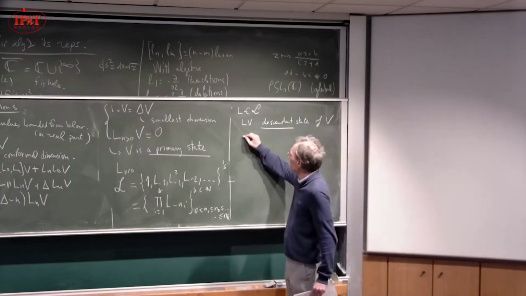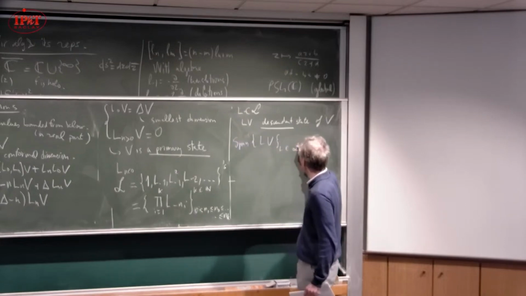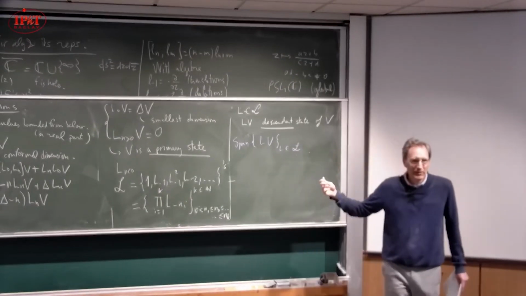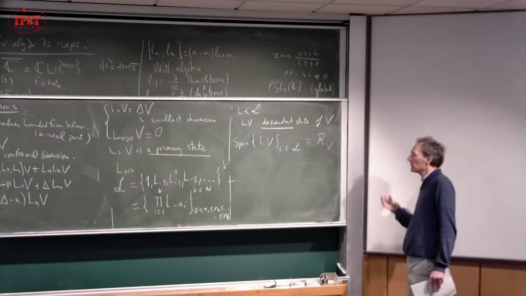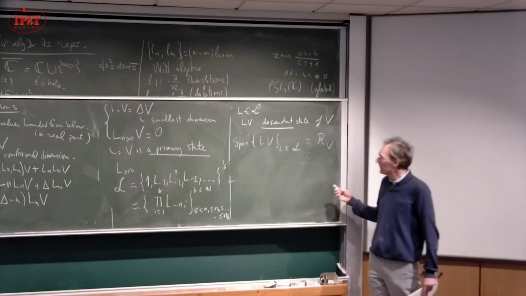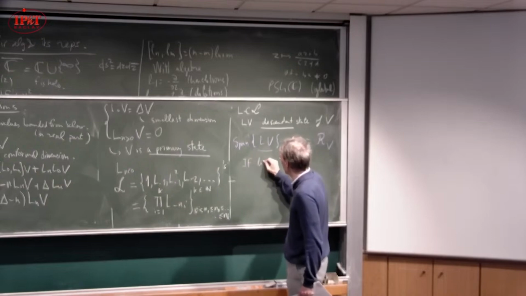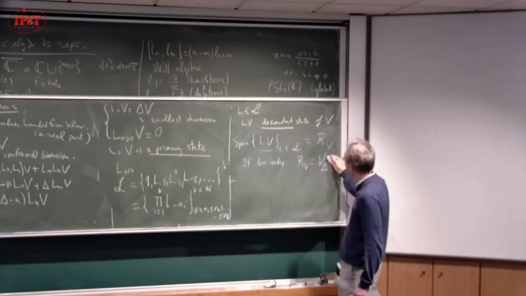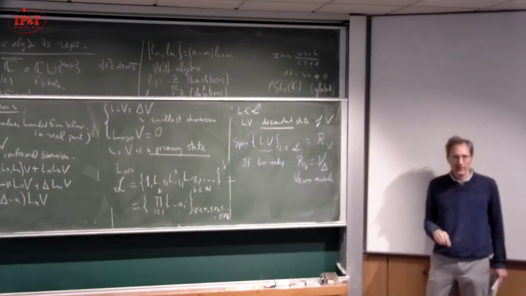Okay, so if we start from a primary state V and we consider the span of all these LVs, all the descendant states, for L belonging to our basis, then this is by definition some representation of the Virasoro algebra, which I can write R_V. Now we want to consider the structure of this representation. One possibility is that these states are all linearly independent. If they are linearly independent, then by definition R_V is a Verma module, which I can write V_Δ.